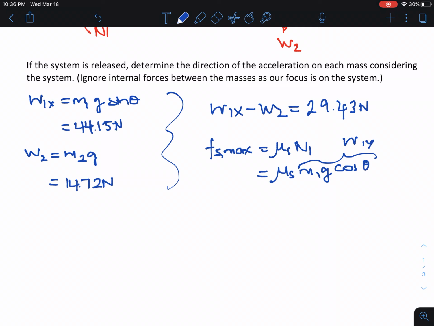Again, I showed the solution to that in the previous question, so please check the y-axis second law equation. And that gives me 22.94 newtons.